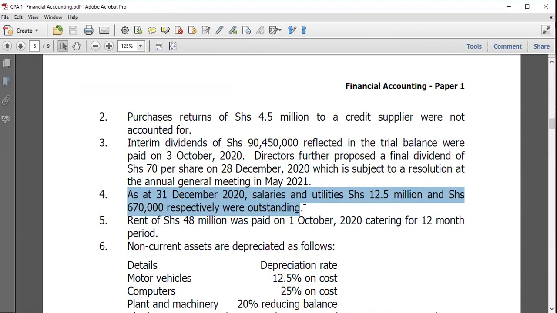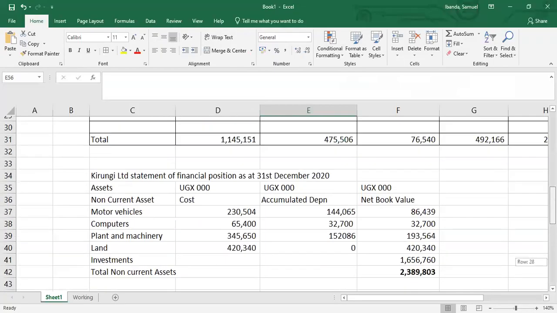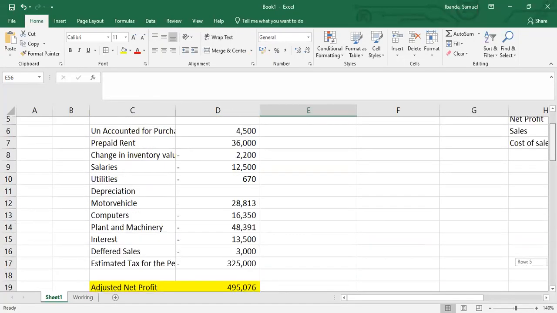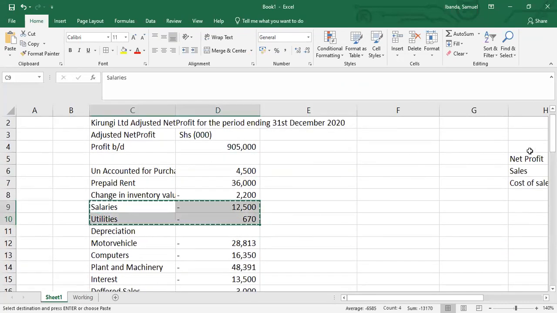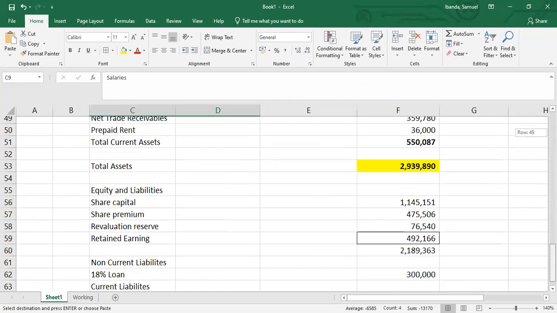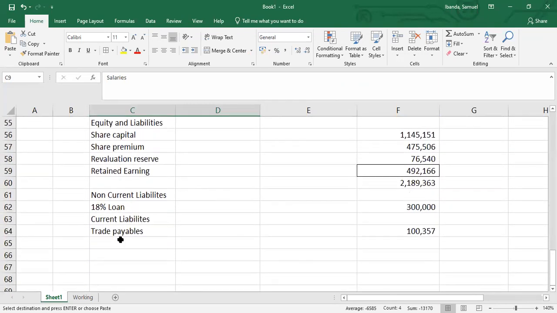Since at 31st December we hadn't paid them, they're actually liabilities. So just as I recorded them when I was adjusting my profit, I'll just pick them for matters of time. So I'll just pick utilities and salaries. These are outstanding. So I'll just bring them here.